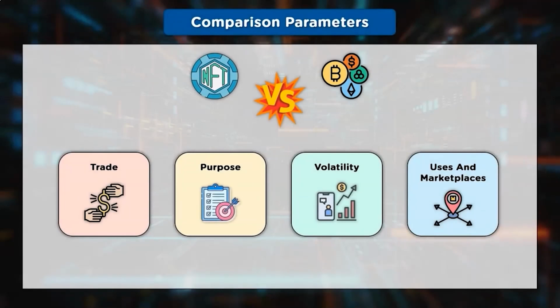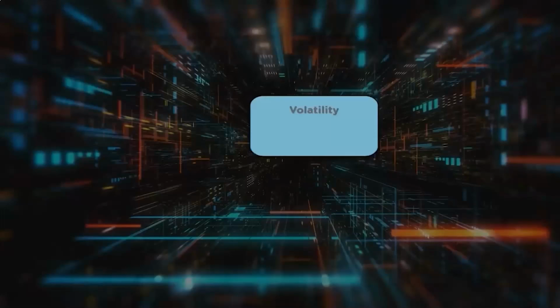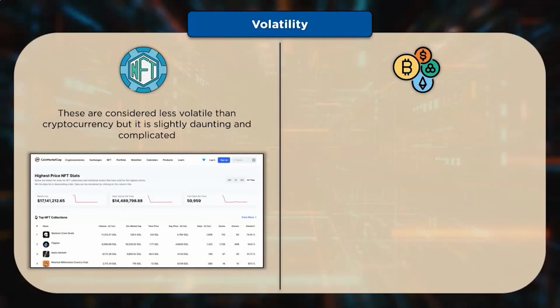Coming to the next one, volatility. Although both NFT and cryptocurrency have unstable volatility, NFTs are thought to be less volatile in comparison to cryptocurrency. Artists and traders alike have been drawn to NFT because of its creative artistic side. On the other hand, it may deter individuals who find the task of designing NFTs excessively difficult, complicated, or inconvenient.